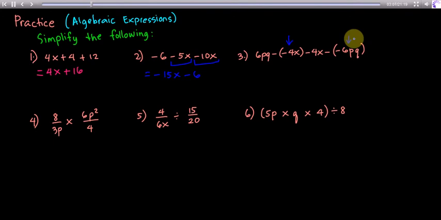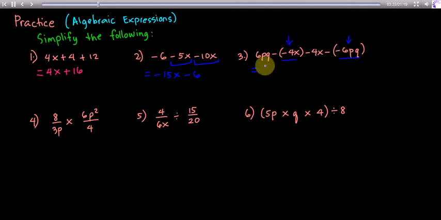If there are 2 or more operations inside, we need to do them first before we combine everything. We have negative 4x and negative 6pq, so no need to worry because they are only a single term inside the parentheses, so we can proceed directly by removing the parentheses.